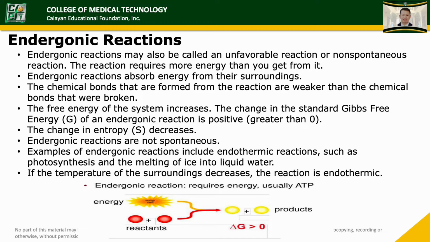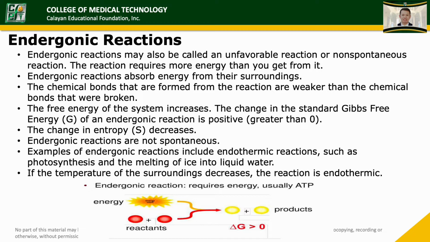The free energy of the system increases. The change in the standard Gibbs free energy, or capital letter G, of an endergonic reaction is positive, or greater than zero, and the change in entropy S is decreasing. That's why, as mentioned, endergonic reactions are not spontaneous.